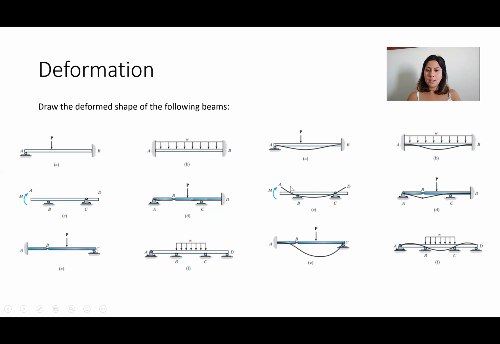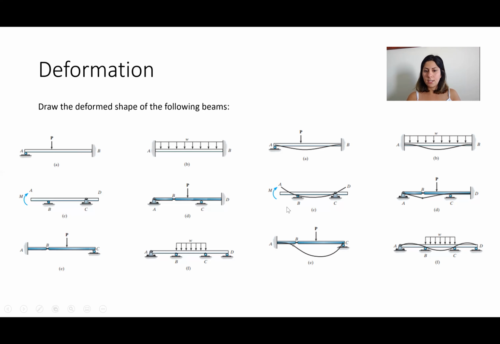Here in B, you have a UDL on top of your beam. Initially at A and at B, because there are fixed supports, you have no rotation and no displacement, but then you have downward curvature.